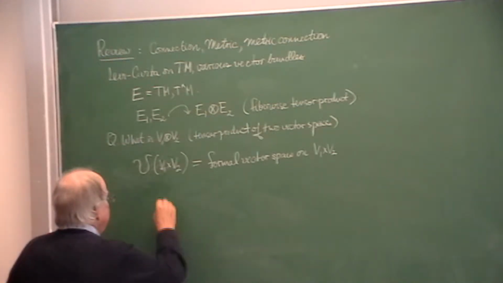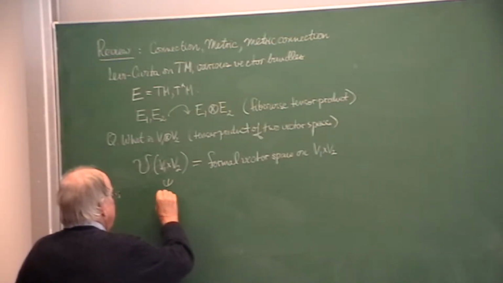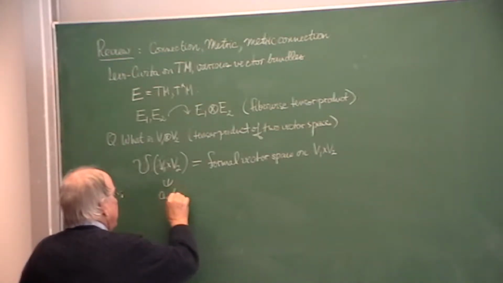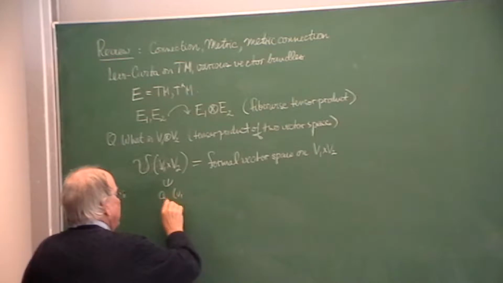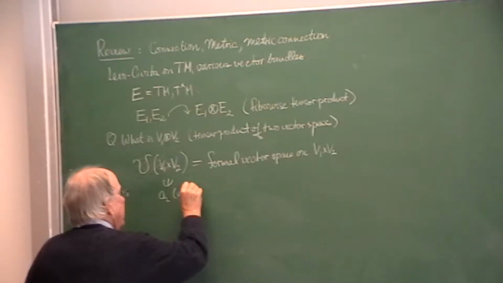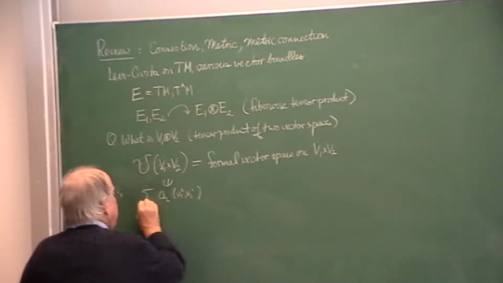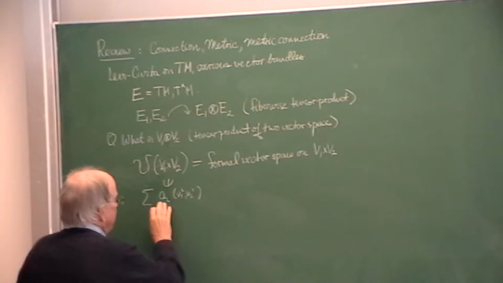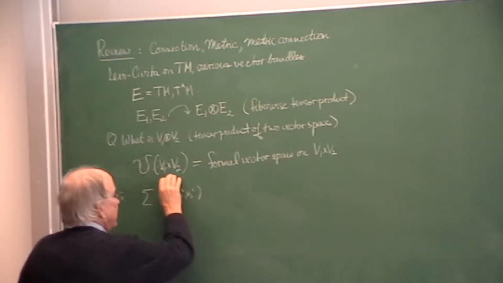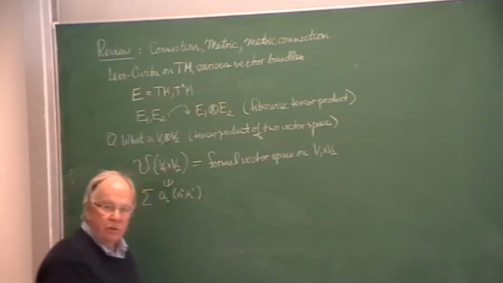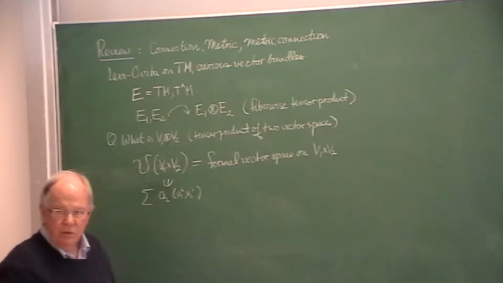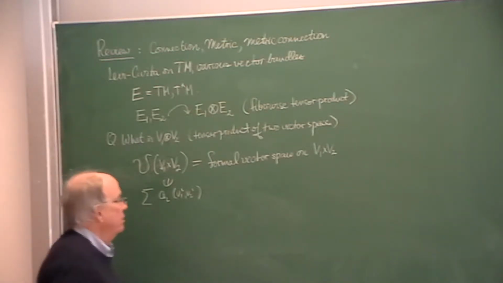So the elements of this thing are finite combinations, sum of a_i (v1_i, v2_i), something like that. So it's a free product, there are no relations here. And this is obviously horribly infinite dimensional and something that we don't want to discuss here, right?